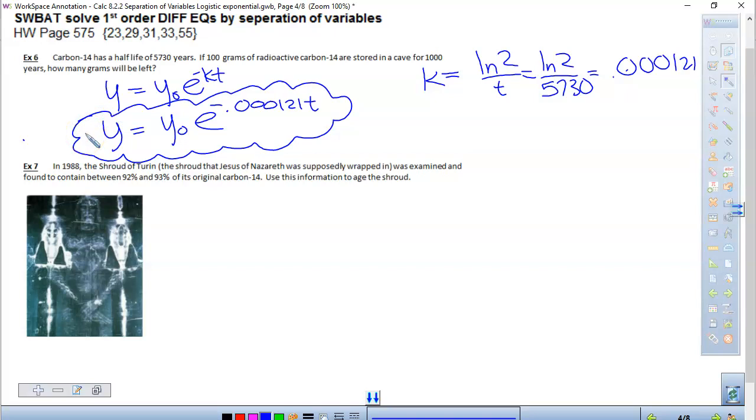So in number 6, y equals 100 e to the negative 0.000121 times 1,000. So where's the 5730? Oh, we use it to find k. I got it.